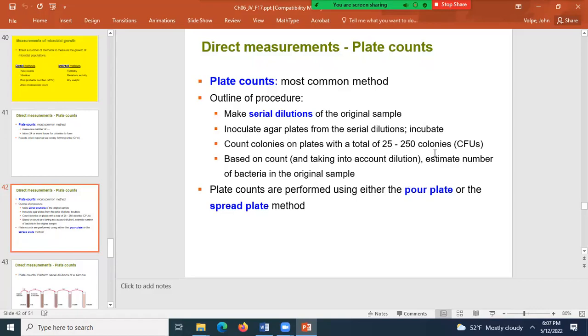And specifically, we're going to count that as 25 to 250 colony forming units in the sample. And then you estimate the number of bacteria from the plate, depending on what the dilution is. You can either pour the plate or do a spread plate method. I'll show you the spread plate method.